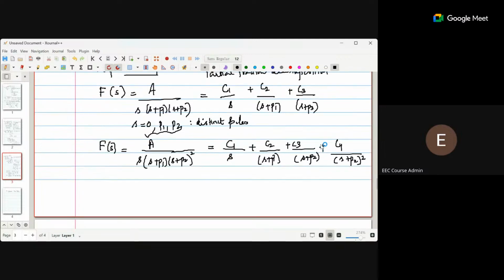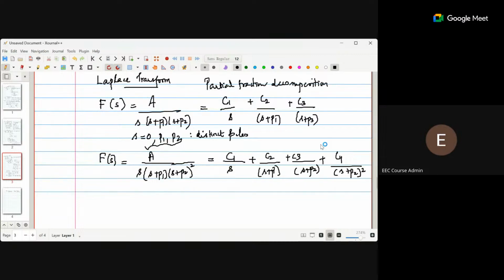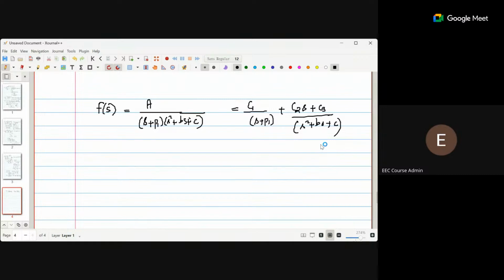Mostly, it will be a simple case where you can do it within a short time. You can decompose and find out, as you would have seen even for the case of the quiz. So this is how you need to decompose.